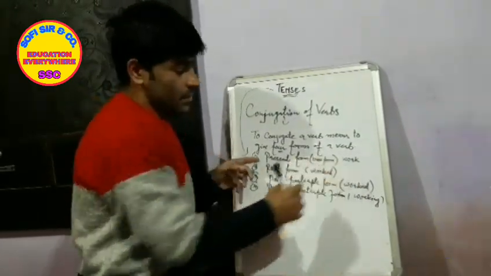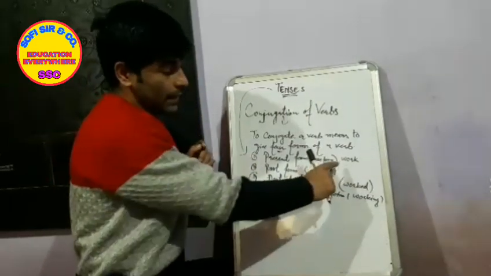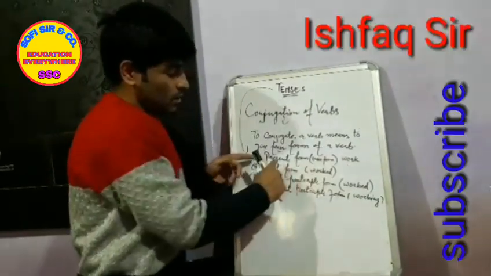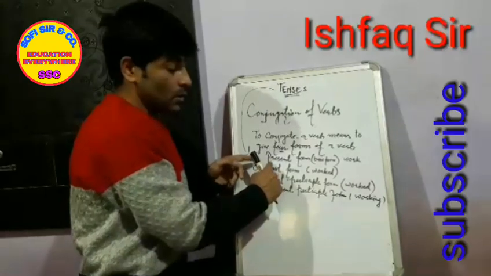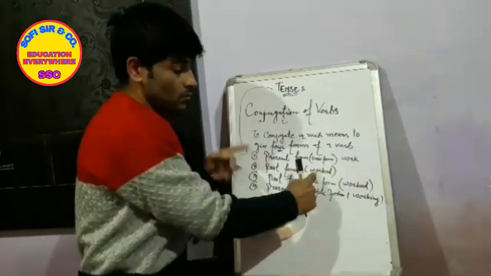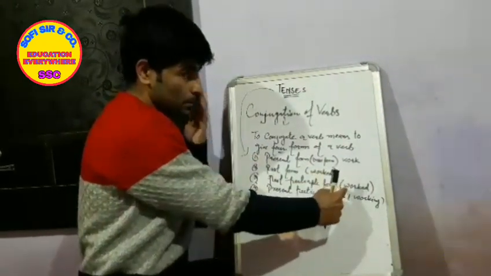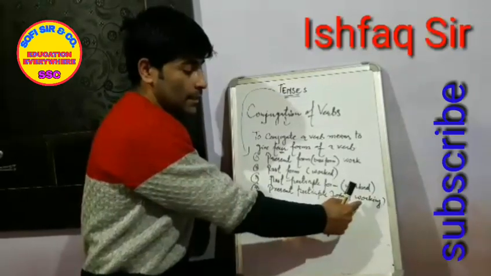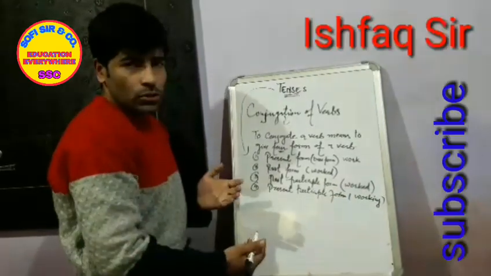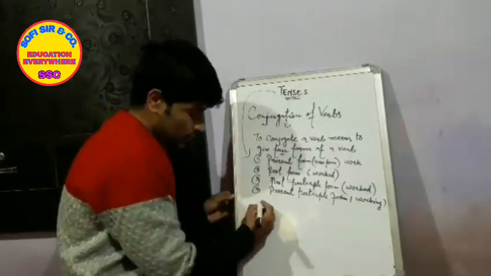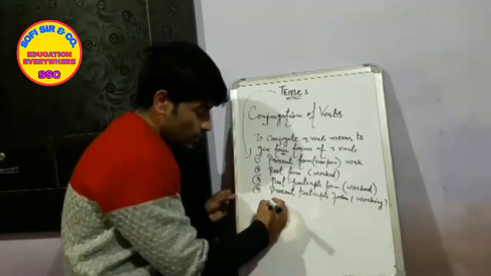So look at this example. Work: the past form is worked, the past participle form is also worked, and the present participle is working. Similarly, I will give you some other examples. Say for example, play.